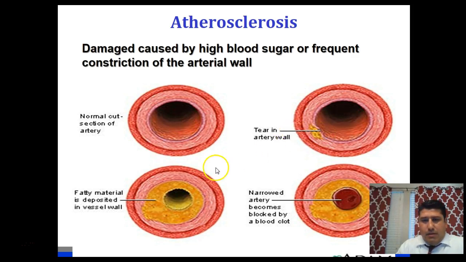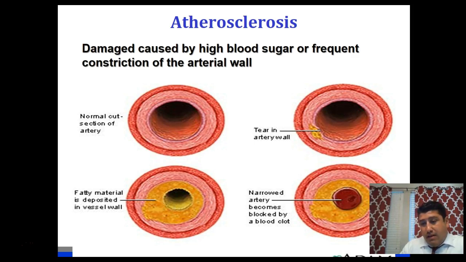But either way, the site of the injury allows for plaque to start building up inside the artery, and eventually could cause the artery to become occluded or blocked. In this case, you can see that this is a blood clot. This is restricting blood flow beyond this point of the artery. That means any tissue, any muscle tissue, bone tissue, anything beyond this point is no longer receiving oxygen.